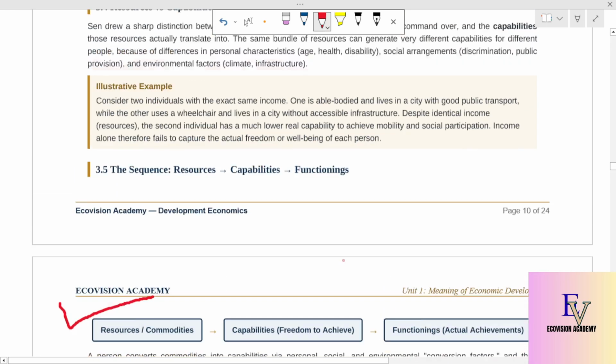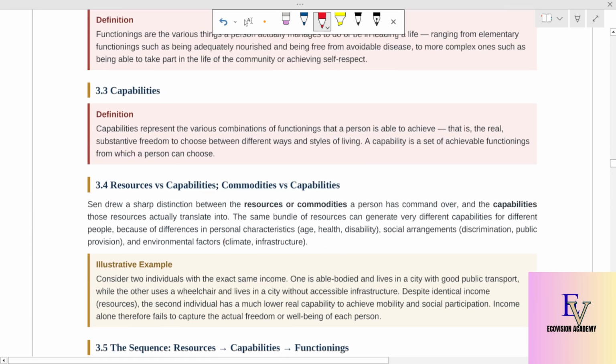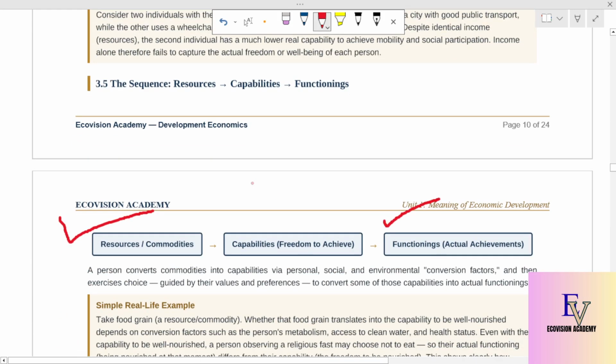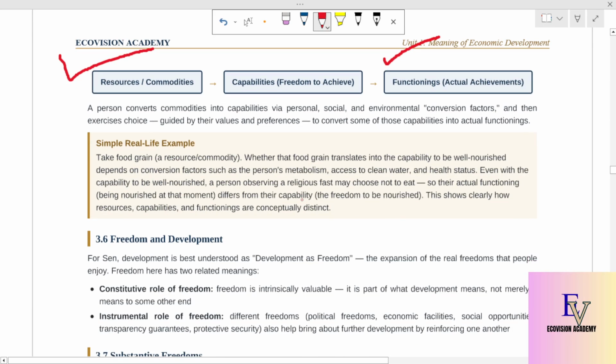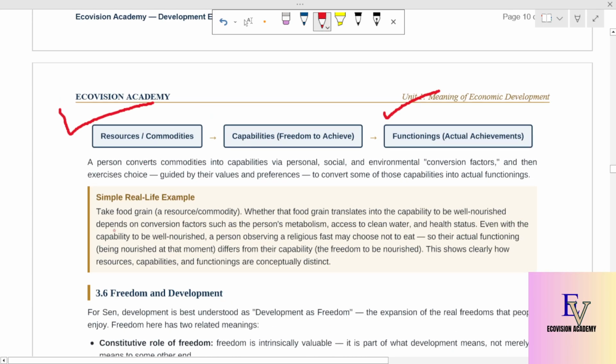And then comes functioning. Functioning basically means actual achievements, that is, after getting something. If I give you an example, an oil mine is a resource. When you get crude oil from that oil mine, that is capability, your freedom to achieve.